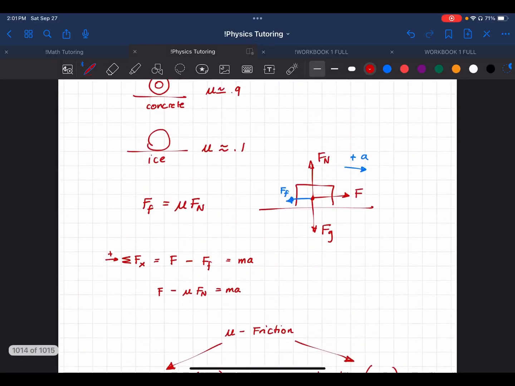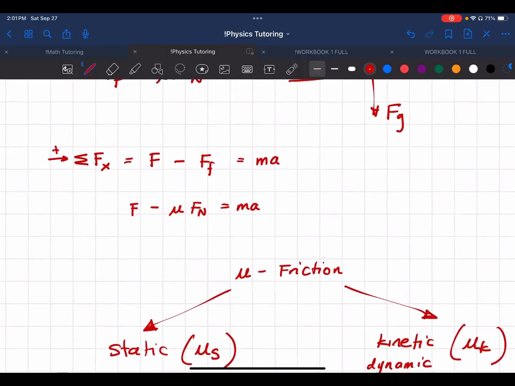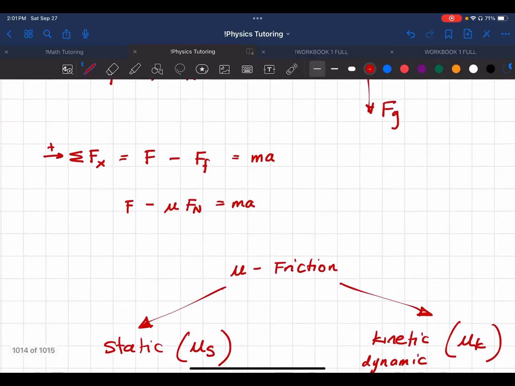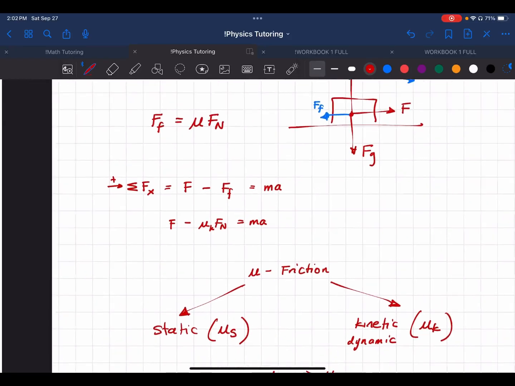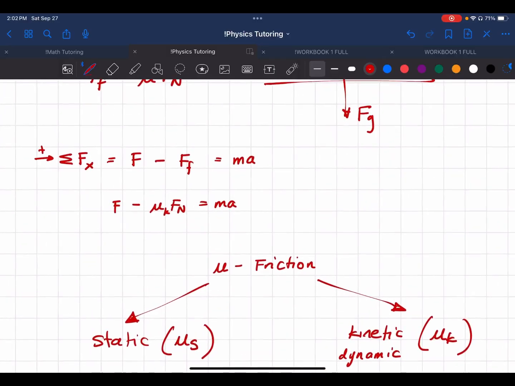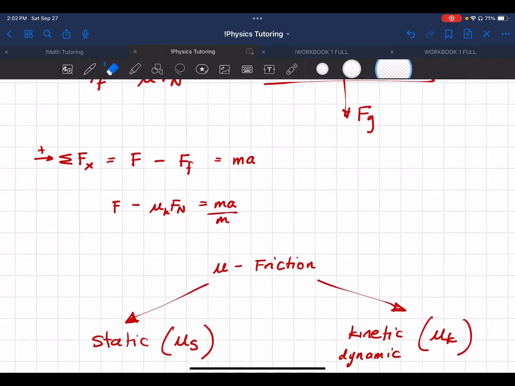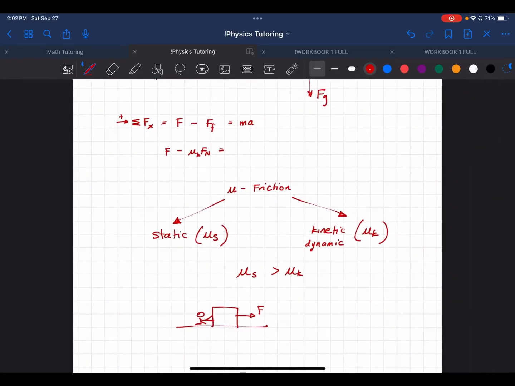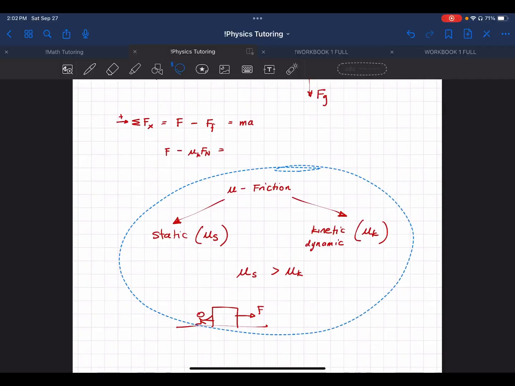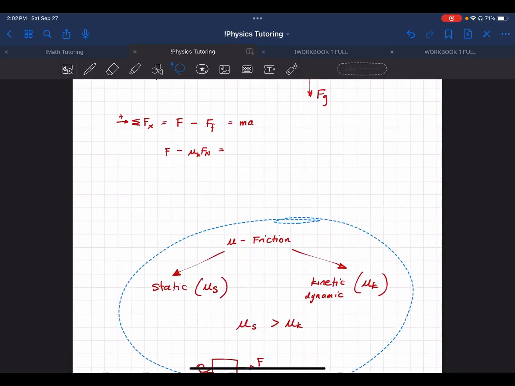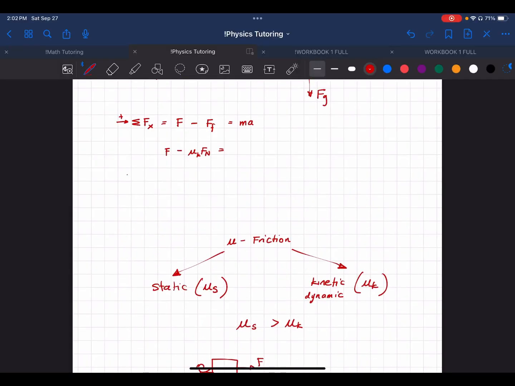For this problem, if it's already moving, this is probably mu k. So if I want to solve for acceleration, I just have to divide by the mass again. And then you have to solve for the y as well, right?